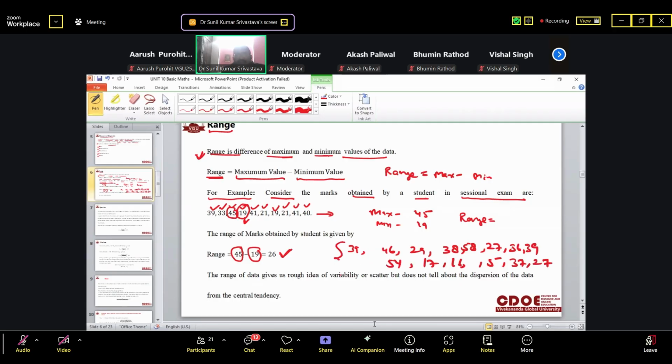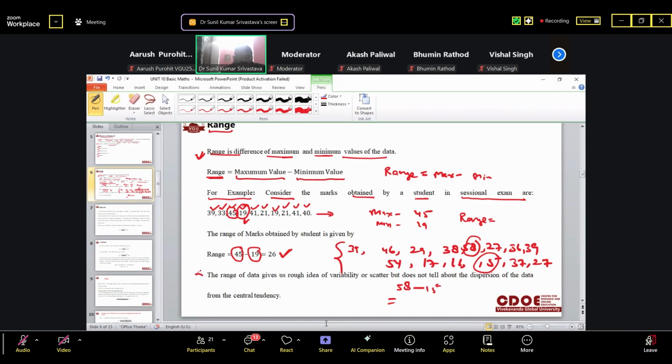Then what will be the range of this one? We just see the maximum value obtained, which is 58. So 58 is the maximum value, and the minimum value obtained is 15. The difference of these will be the range of the given data set.